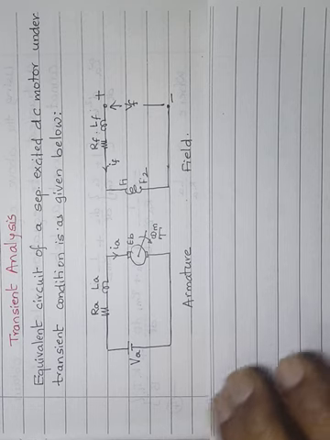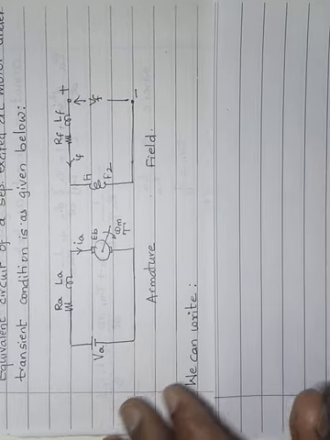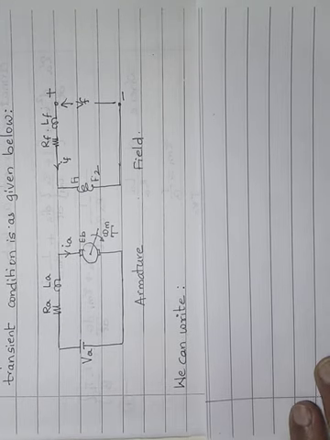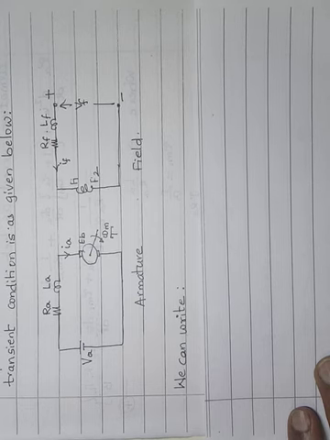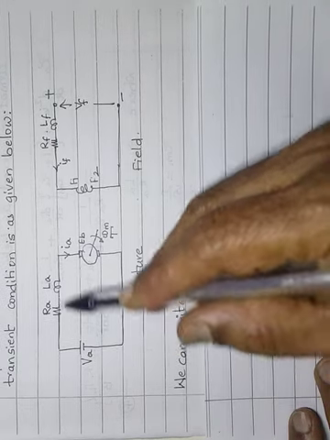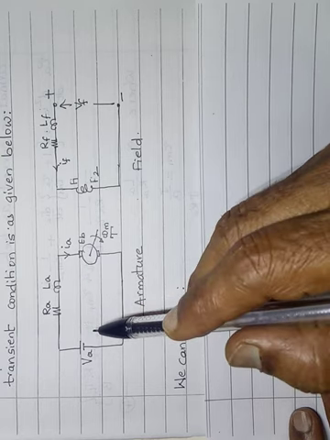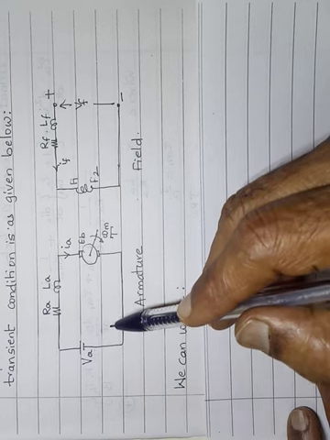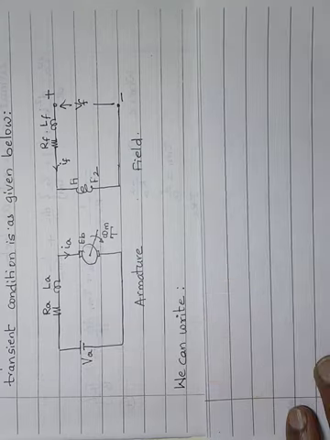Okay, next, keeping this equivalent circuit in mind, now for this circuit we can write KVL. Now the analysis follows a standard approach. We write KVL and we will link the electrical parameters with the mechanical parameters, and then we will arrive at a final equation.